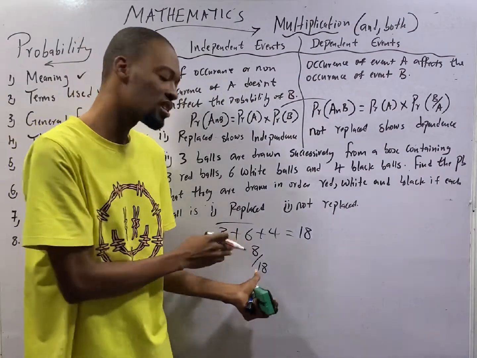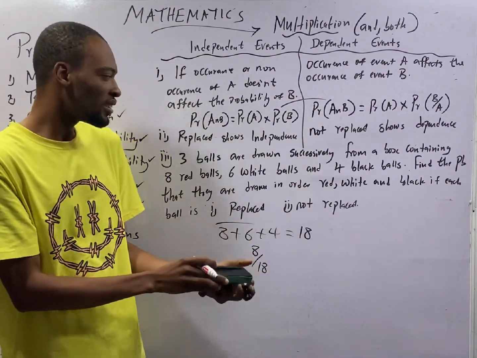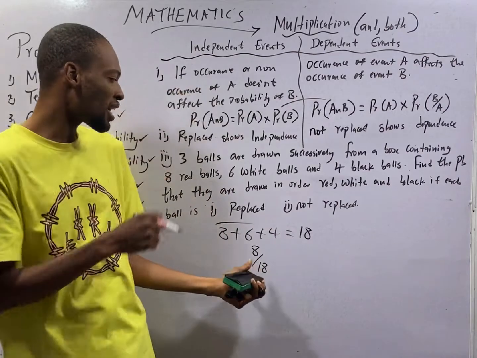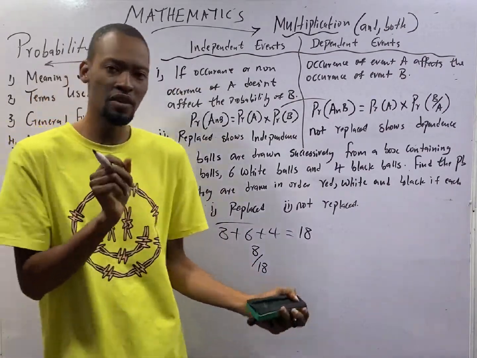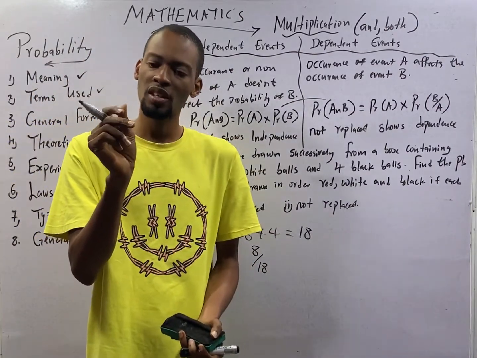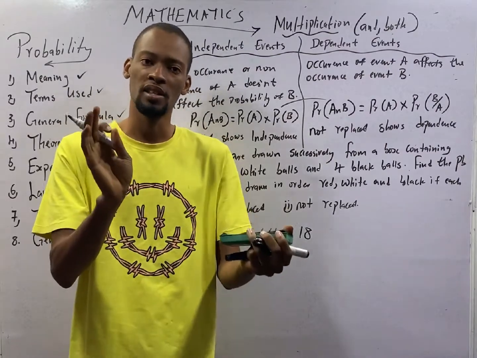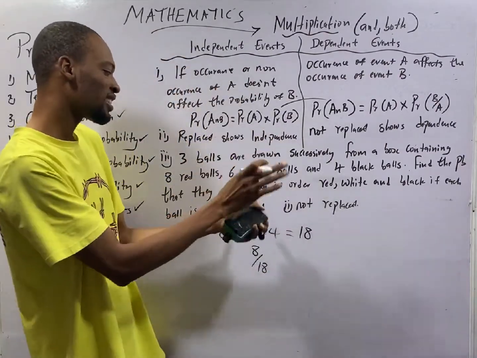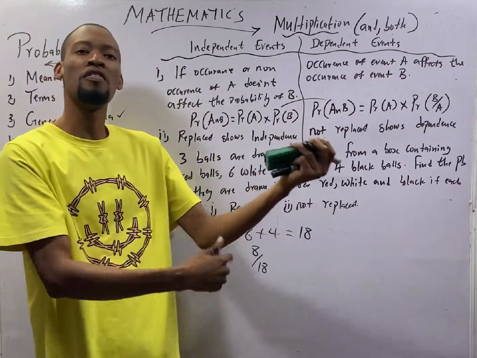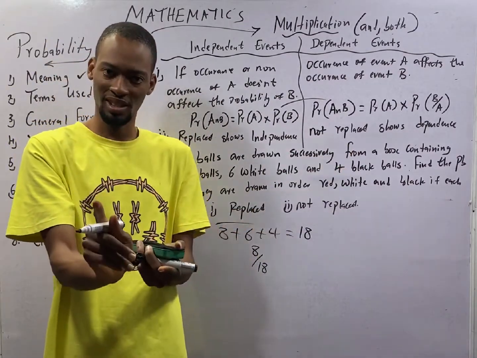That is 8/18. Now, taking a ball out of 18 balls, you are left with 17. They say it is replaced. You now put the ball back. Taking it back, the total number of balls goes back to 18.